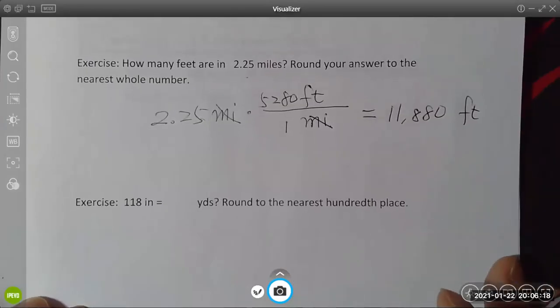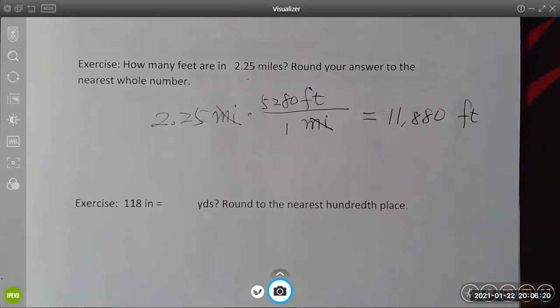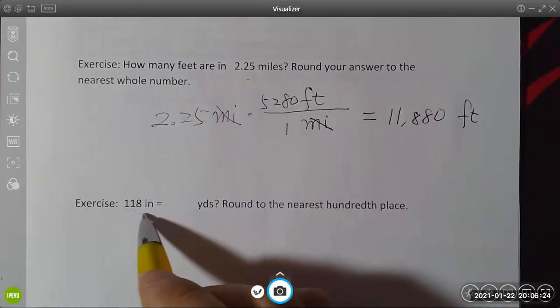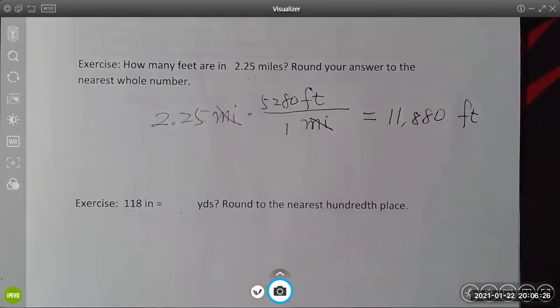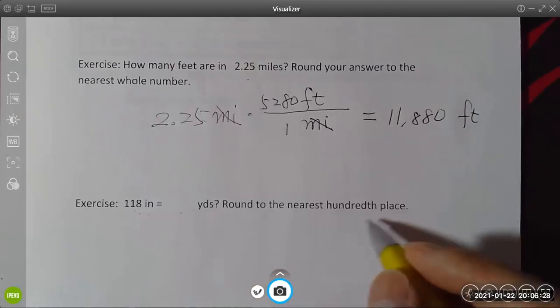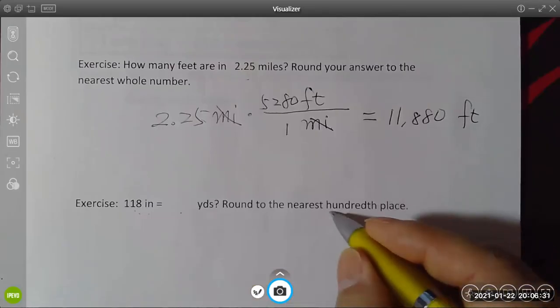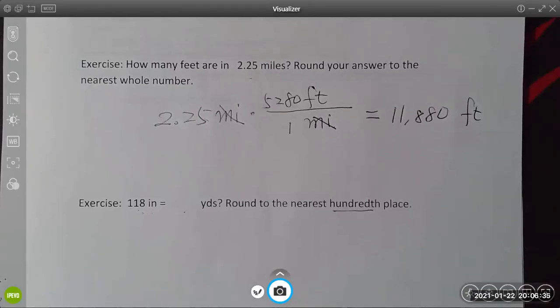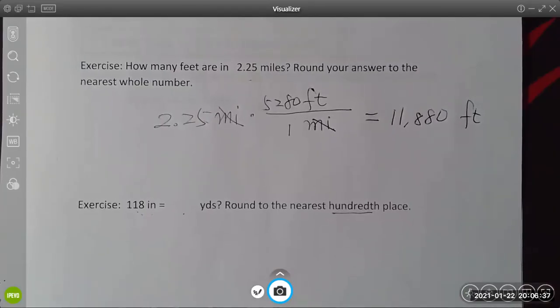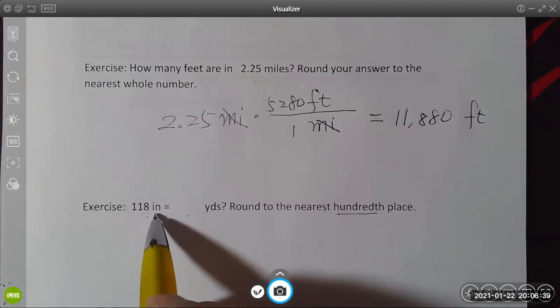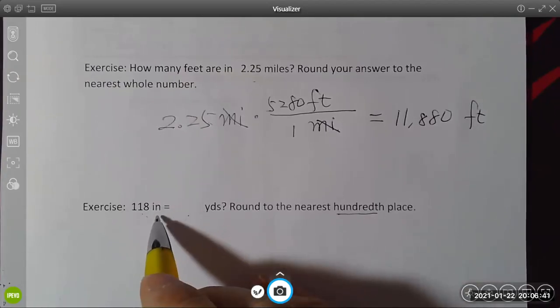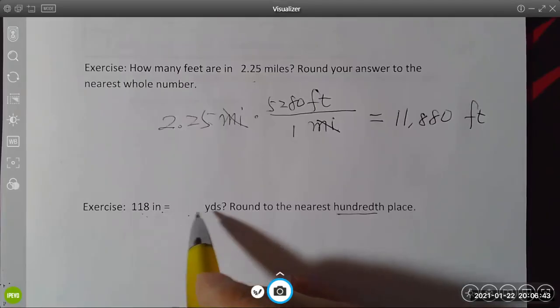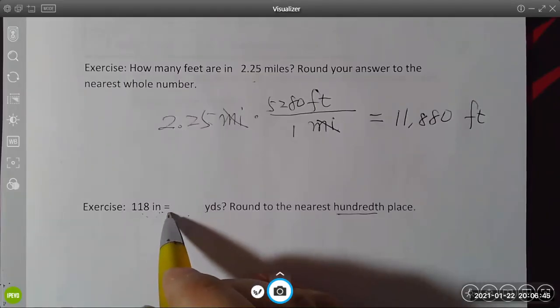Now another one, 118 inches equals how many yards? Round to the nearest 100th place. 100th place represents the second decimal digit. And I'm going to do this twice actually. If you know the direct relation between inch and yard, you can do the conversion in one step.